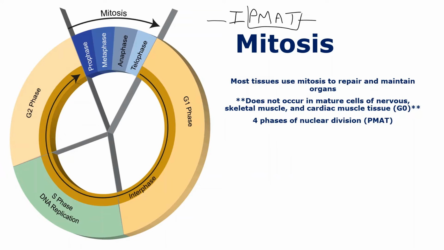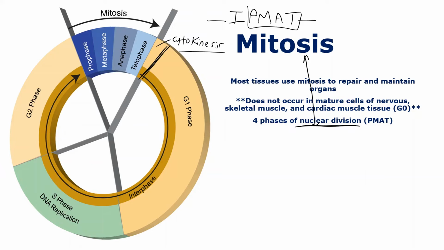Four phases of nuclear division, and wow, that is so important. Mitosis is nuclear division. It's actually not cell division. Cell division is afterwards, and what I'll do is put a little sliver here, and we can call this cytokinesis.